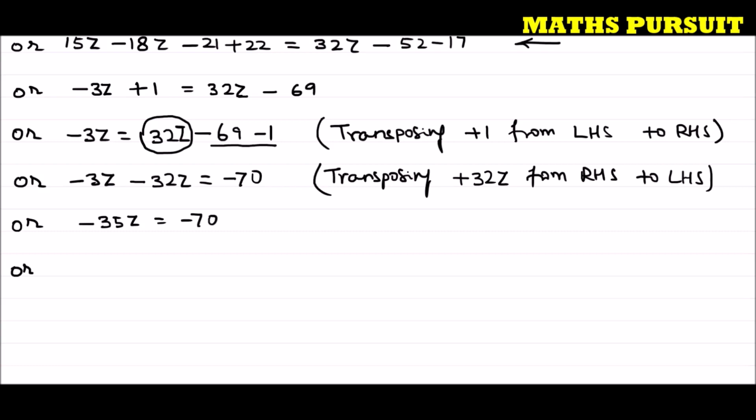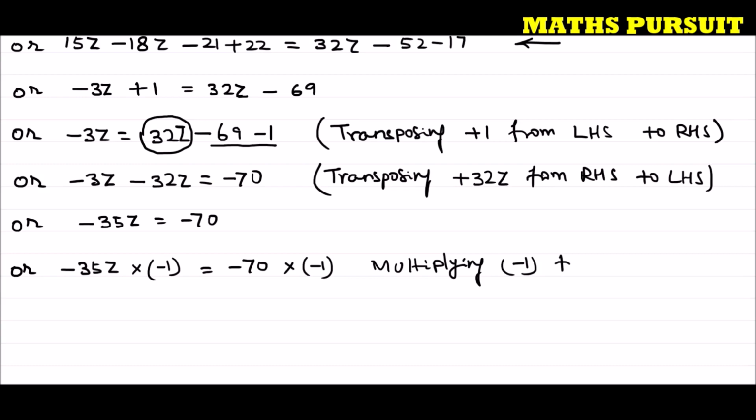Or I can write minus 35z into minus 1 is equal to minus 70 into minus 1. What am I doing here? I am multiplying minus 1 to both sides. Why am I multiplying minus 1 to both sides?